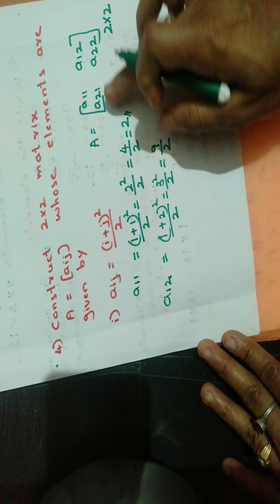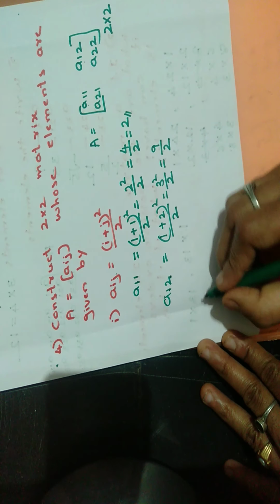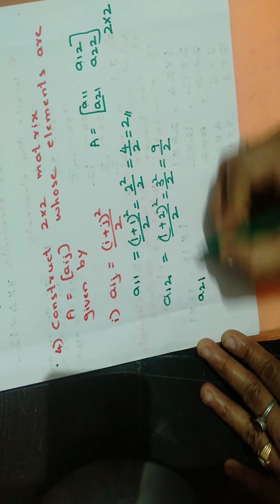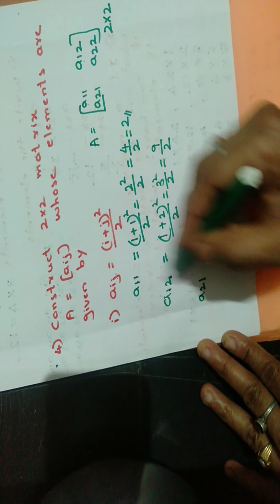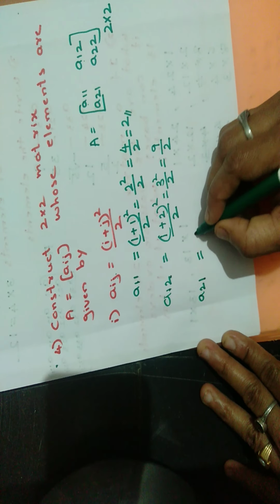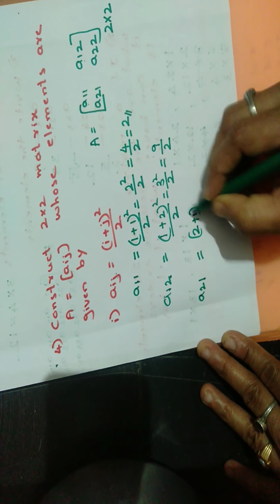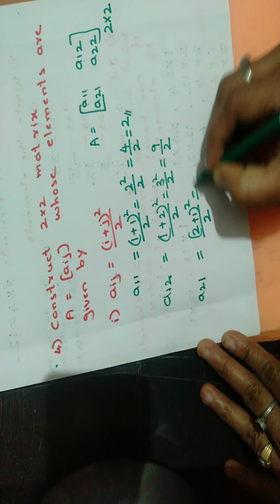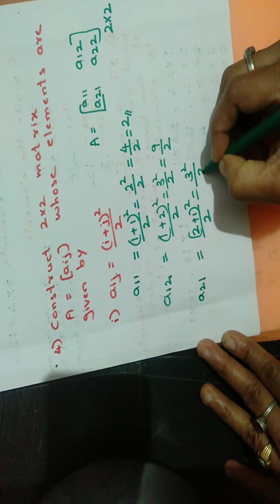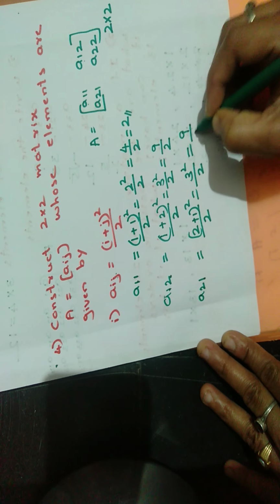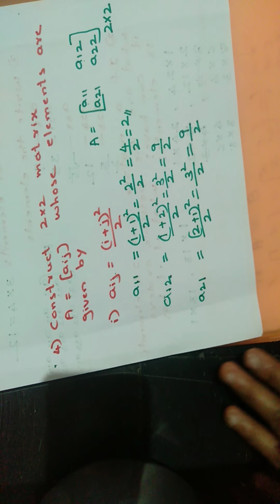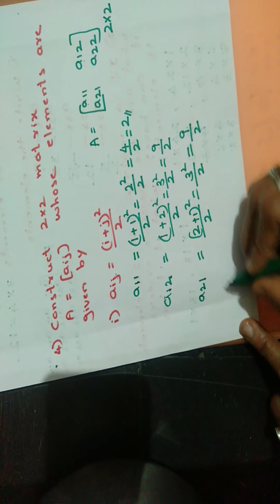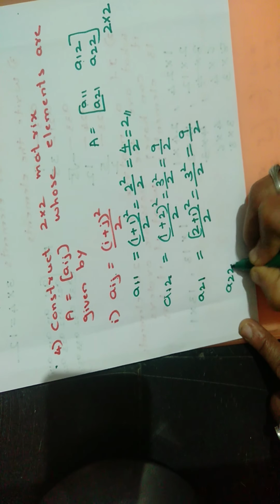Next, the second row. The first element is A21. A21 means i is equal to 2 and j is equal to 1, that is (2 plus 1) whole square divided by 2, that is again 3 square divided by 2, that means 9 by 2. Understand? Now the last element we have written is A22.